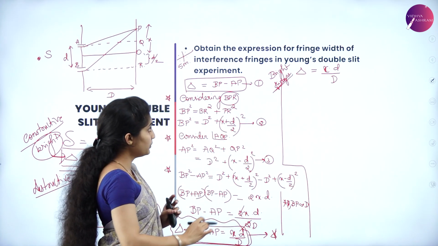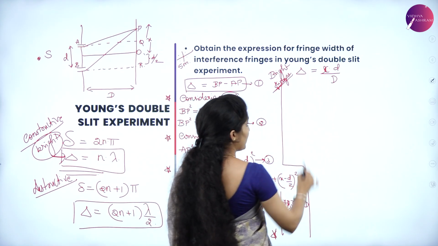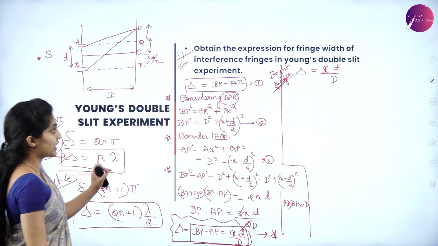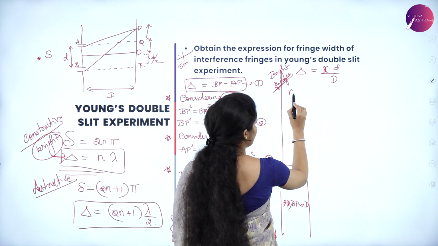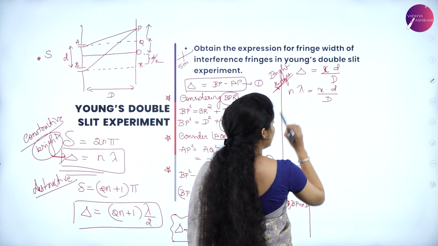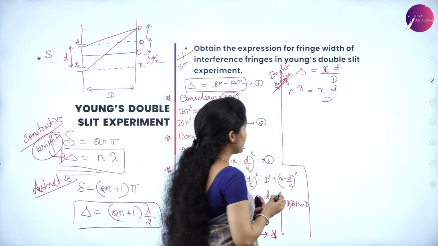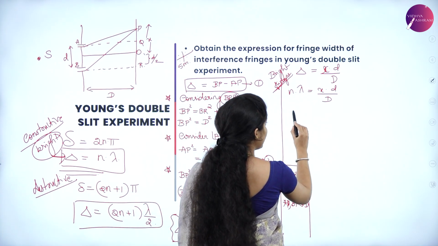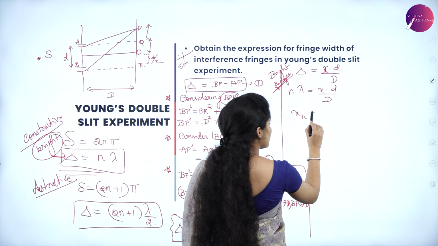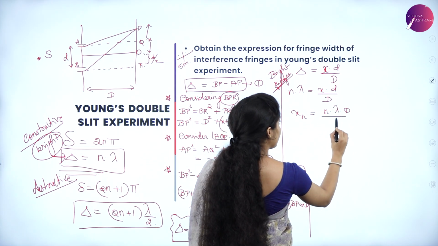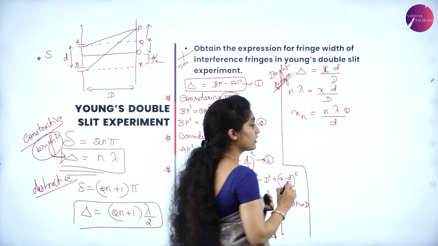So nλ is equal to x into d divided by D. Now having this, we equate for the x term. So xn is nothing but nλD divided by d.